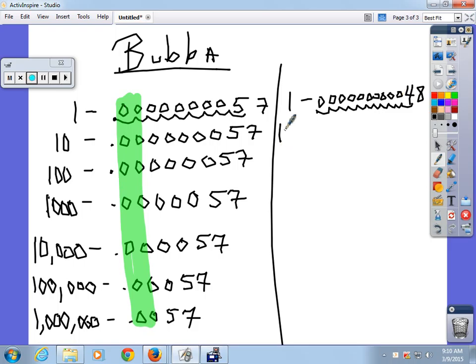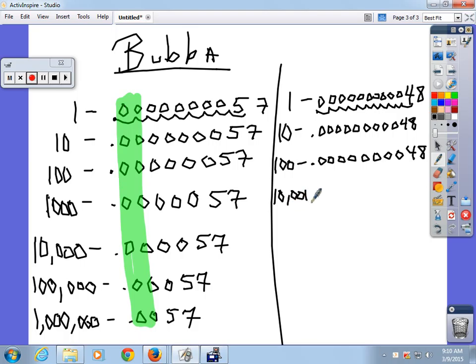So he buys 10 tickets. 1, 2, 3, 4, 5, 6, 7, 8, 9. 100. 1, 2, 3, 4, 5, 6, 7, 8. 10,000. Oh, 1,000, sorry. 1, 2, 3, 4, 5, 6, 7.